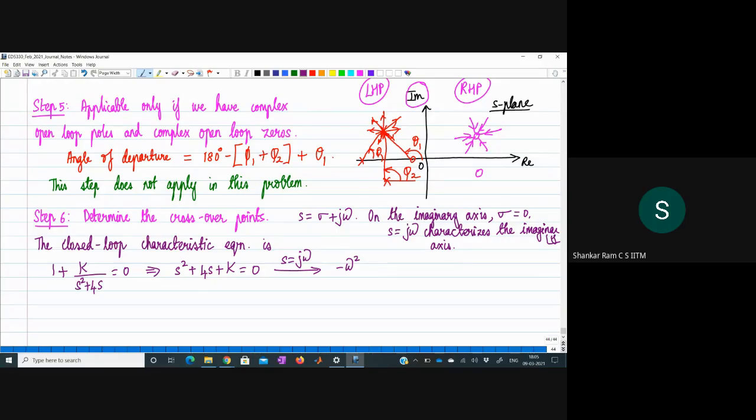So essentially we are going to have minus omega square plus 4 times s, substituting j omega for s, we have 4 j omega, plus k equal to 0.